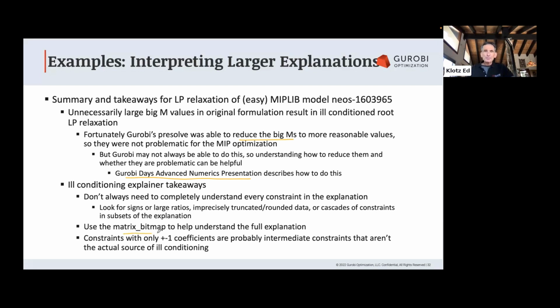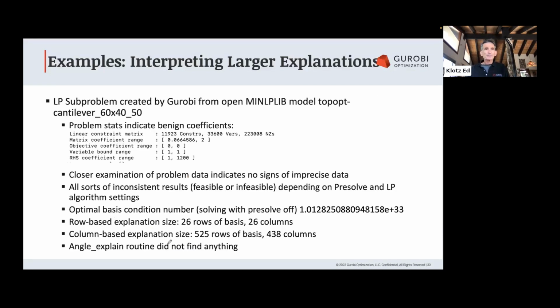There's a matrix bitmap function that can help you understand the full explanation, and constraints with only plus or minus one coefficients, while involved in the explanation, probably aren't the actual source of the ill conditioning.